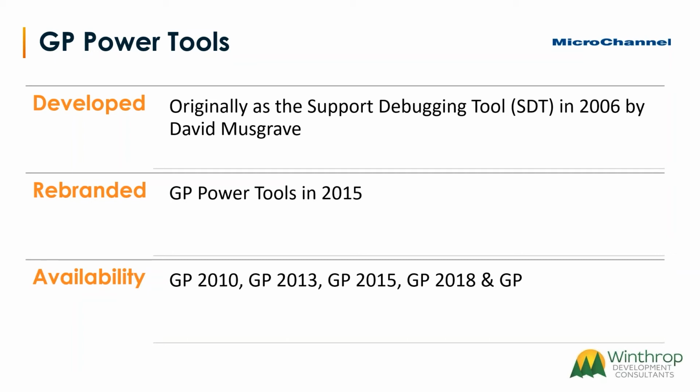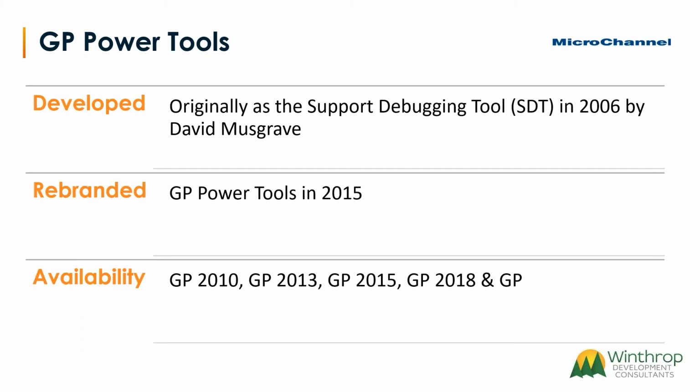I'm well, thank you, and thank you for that great intro. Excellent. So we're here to talk a little bit about GP Power Tools, which was originally written as the support debugging tool while I worked at Microsoft. And when I left Microsoft, I was able to get the rights to it and re-release it in 2015.